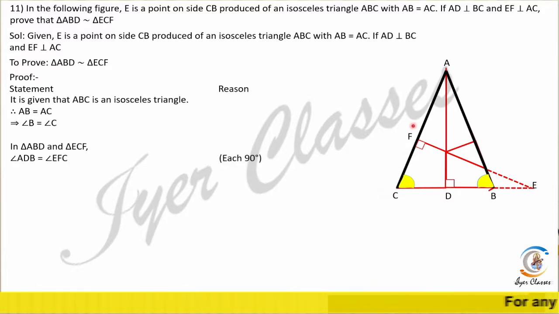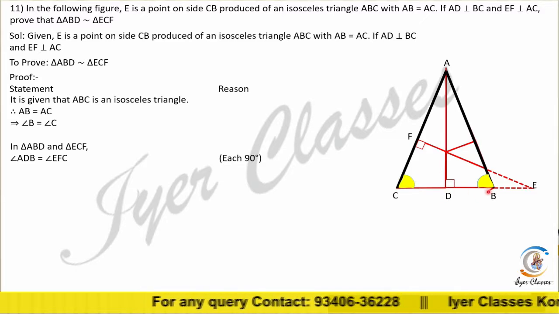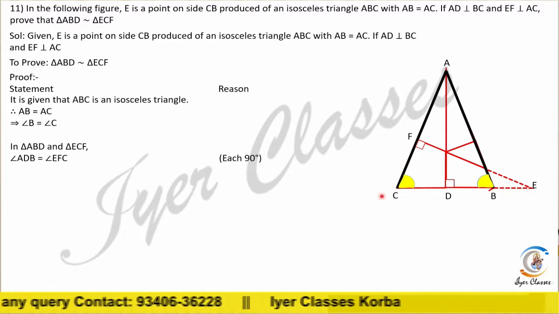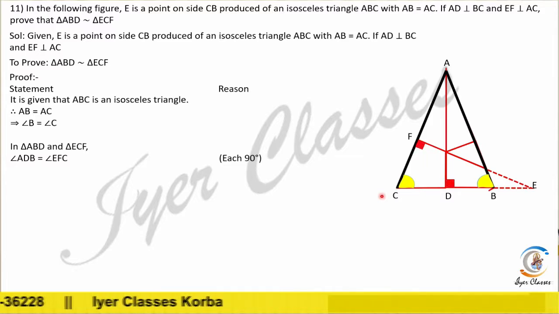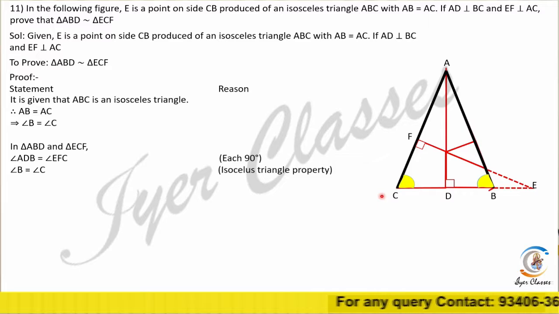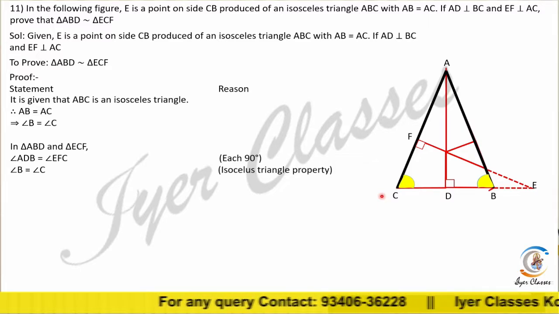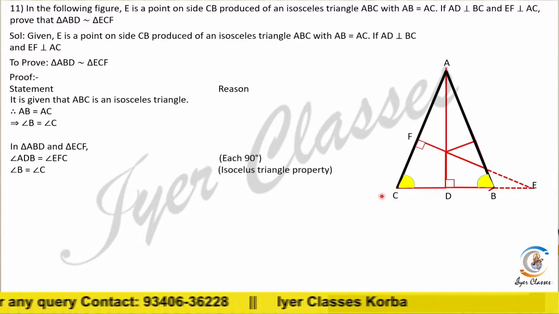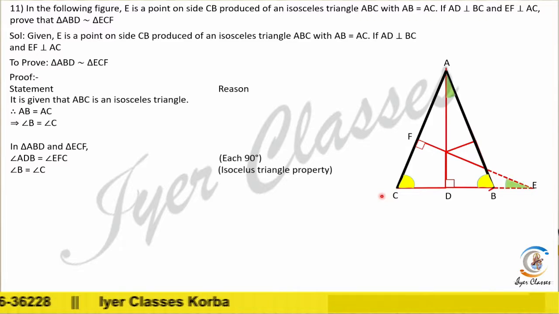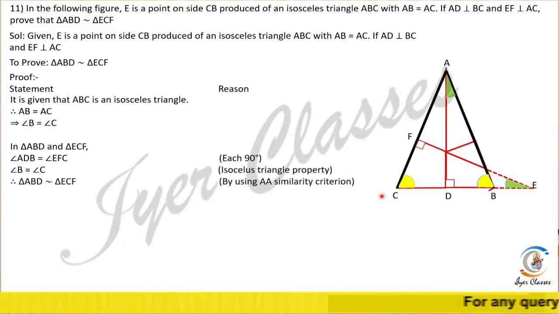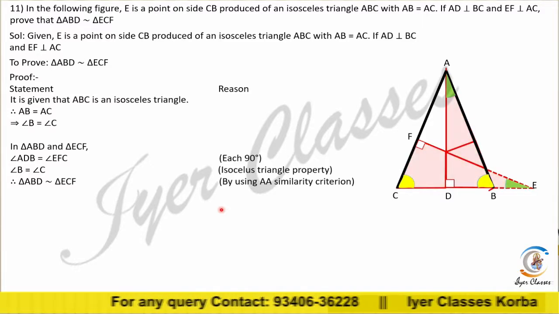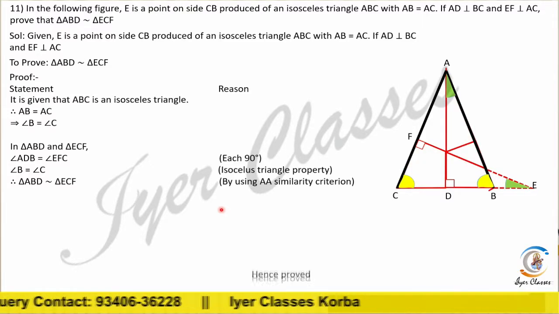What you can see is angle ADB is equal to 90 degrees and angle EFC is also equal to 90 degrees, so they both are equal, those red angles. Now you have angle B equal to angle C, the yellow angles are equal, right? So these two triangles will be similar by the AA similarity criterion, and that was what was supposed to be proved.